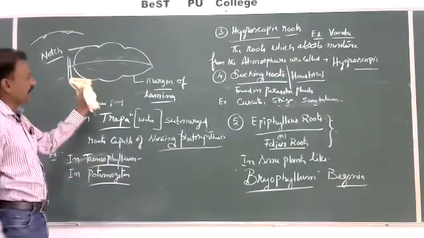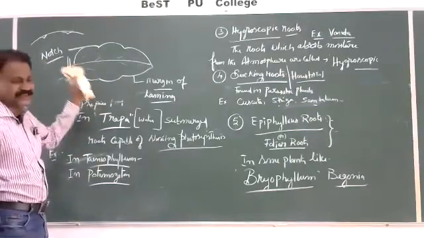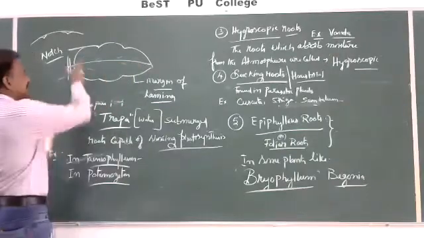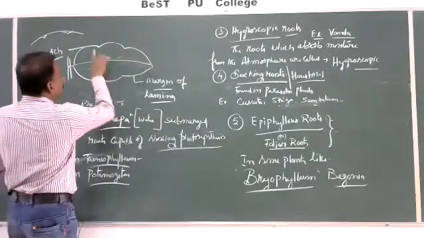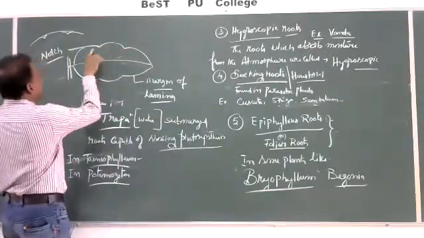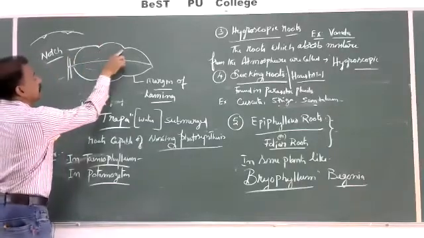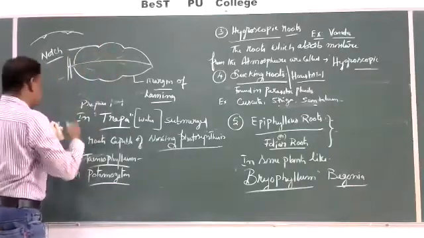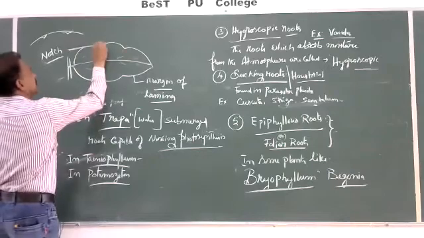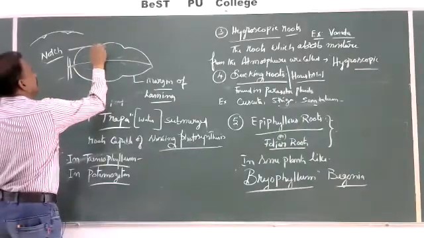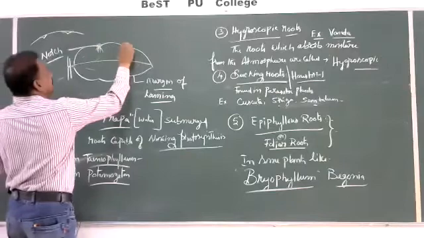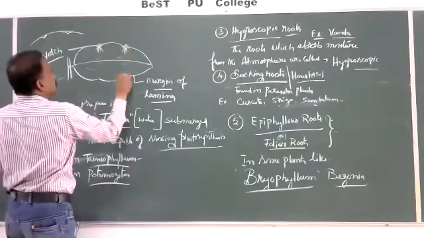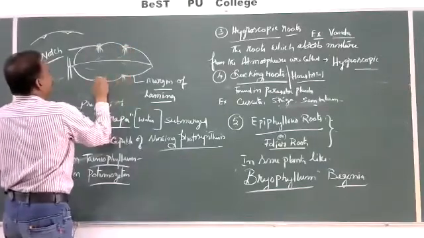So Bryophyllum has a leaf whose lamina is folded or curved here. These curving regions are called notches. In these notches, it develops certain roots and buds. These roots are called epiphyllous roots.